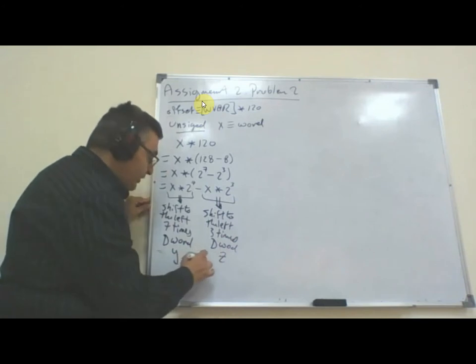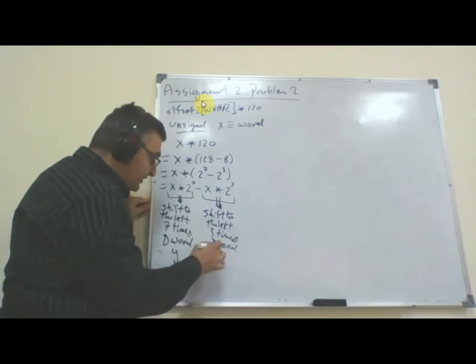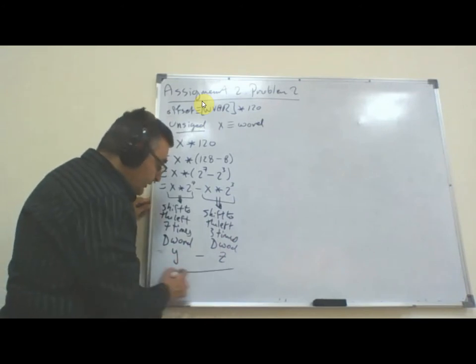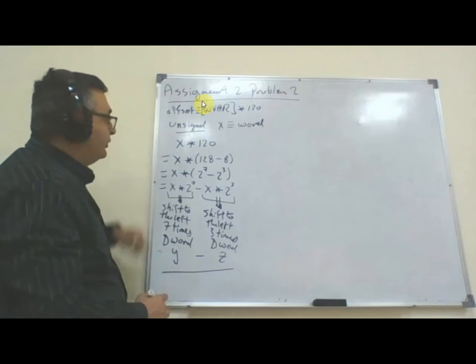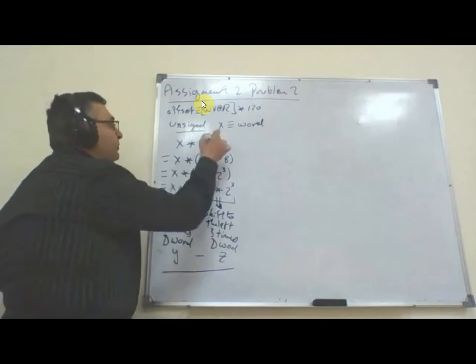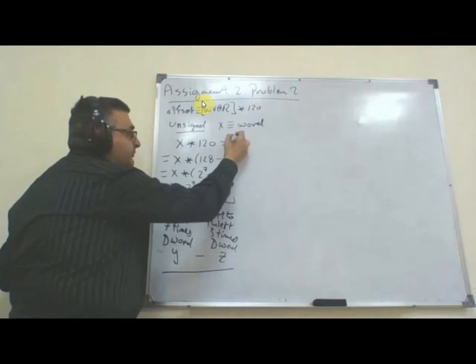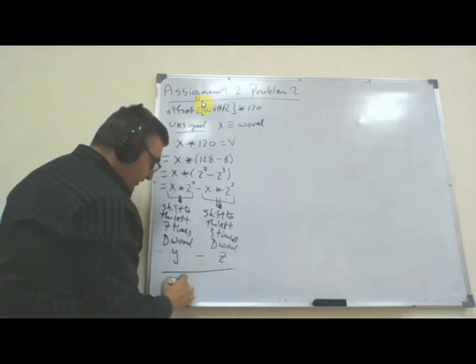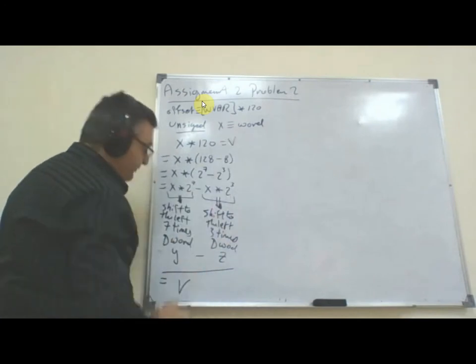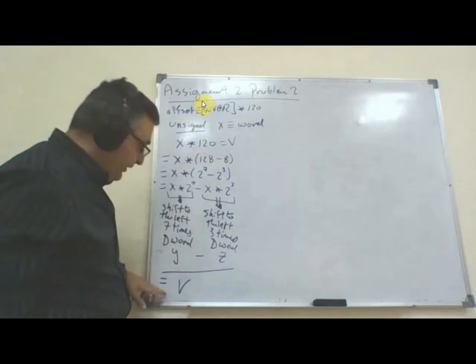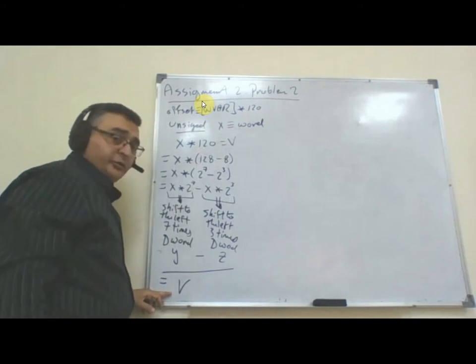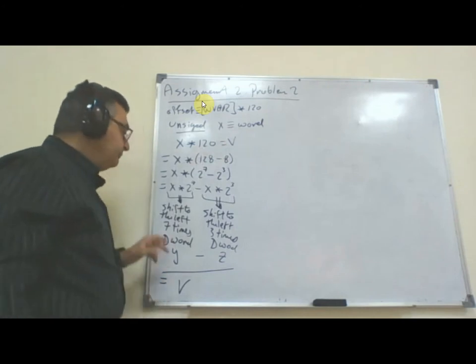If I subtract y from z as double words, I will get the answer that I'm looking for, which, if I call it maybe w or v, is effectively the result v. So I want to get v. Great, makes sense?